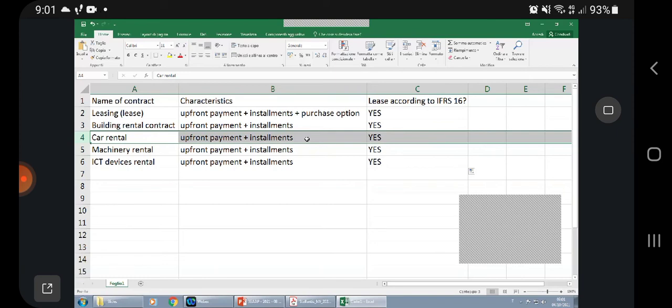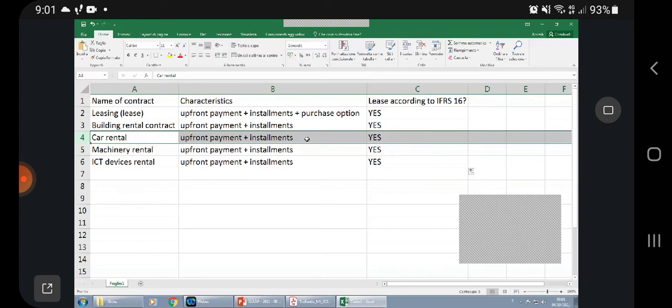In those cases, it could be a little bit more difficult to verify if there is only a service or if there is a service and a lease.